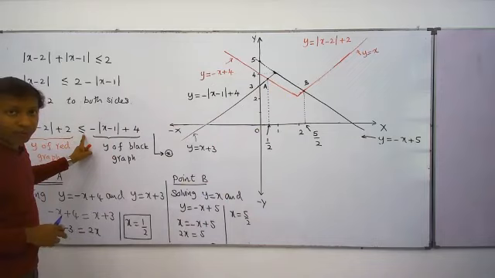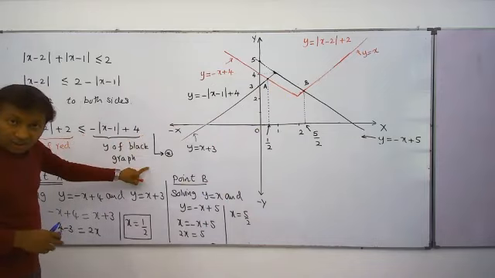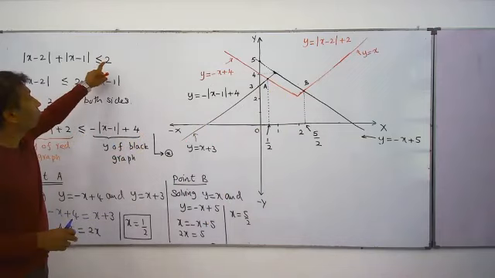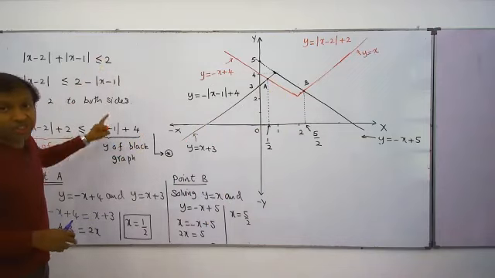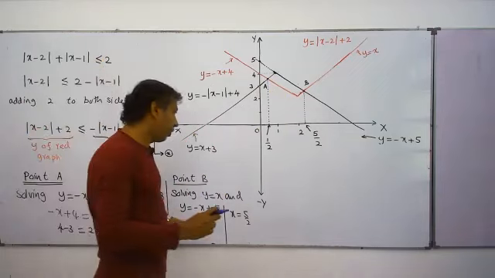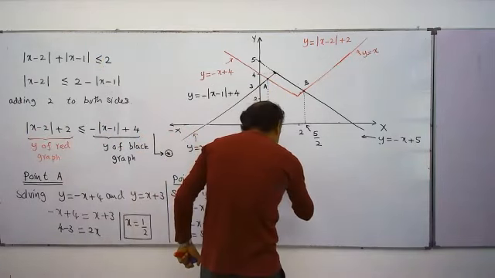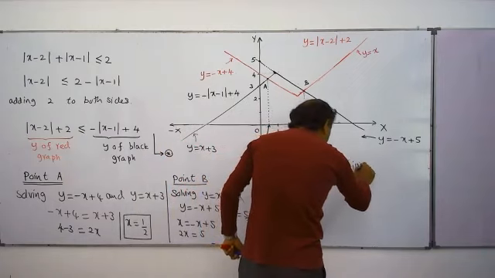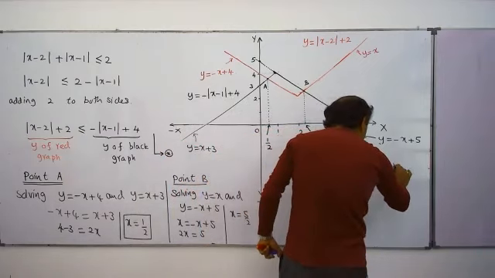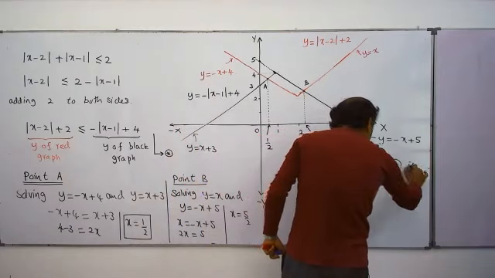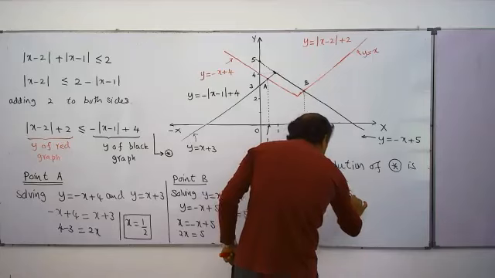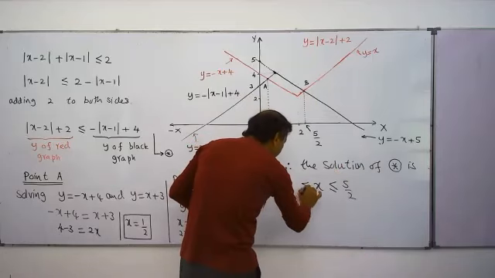So therefore, the solution of the star we can now write. The solution of the star is only the solution of this, because this means really the star. Then you can write, therefore, the solution of star is x less than or equal to 5/2 and greater than or equal to half.